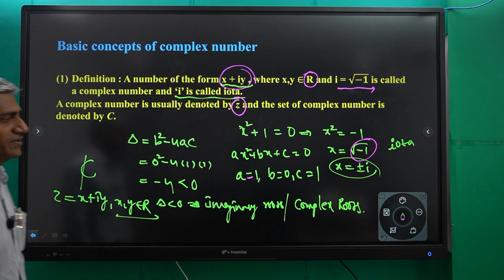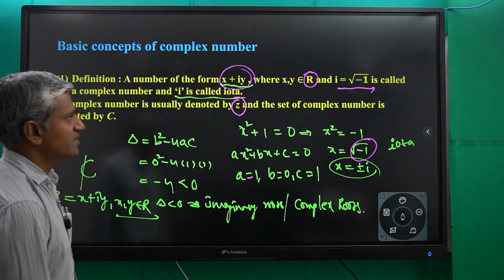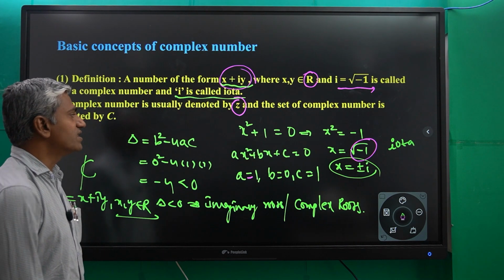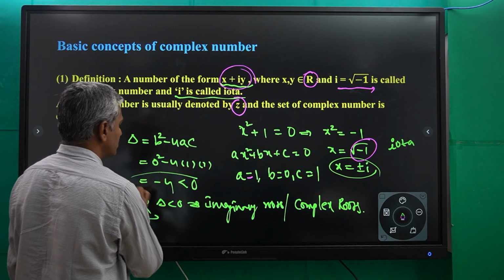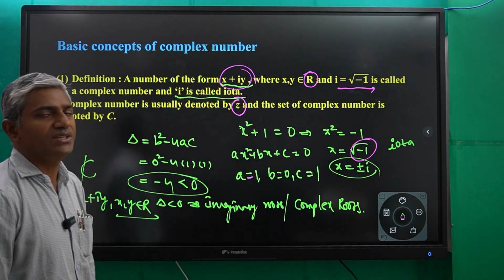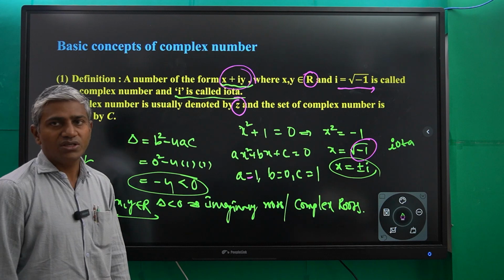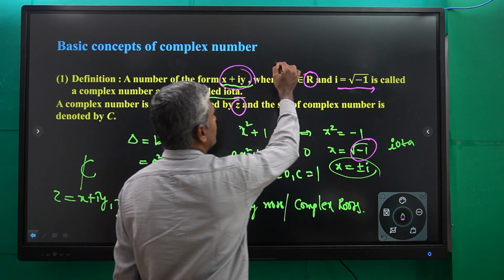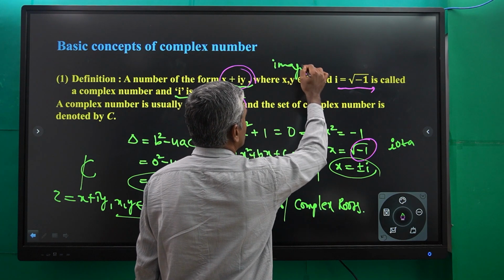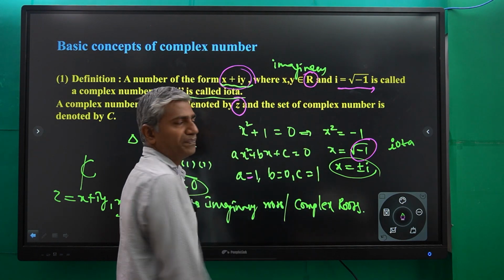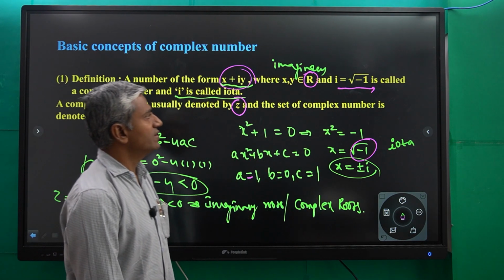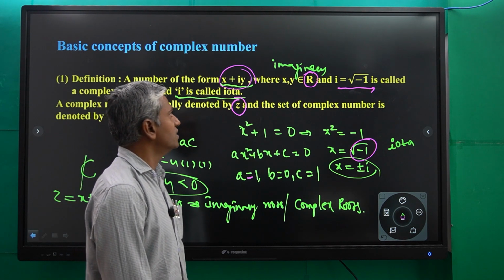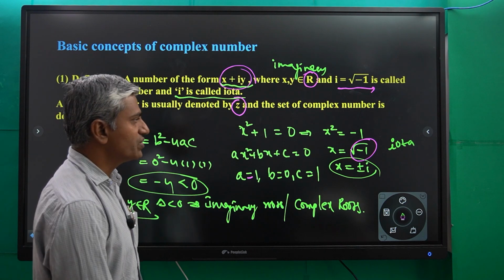Remember that when the discriminant is less than 0, a separate set of numbers has been introduced. Such numbers are said to be complex numbers, also called imaginary numbers. It is a combination of a real part and an imaginary part.